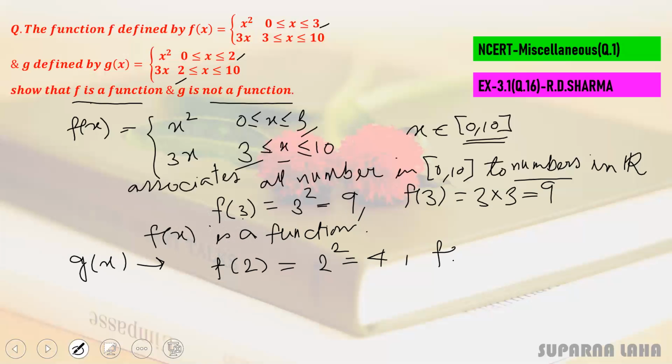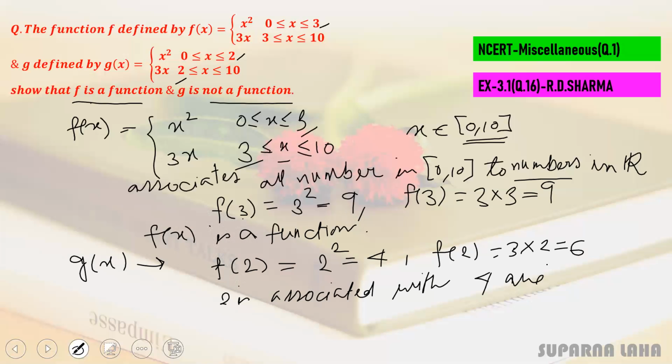And again, g of 2 is what? 3 into 2, that is 6. So 2 is associated with these two elements 4 and 6.